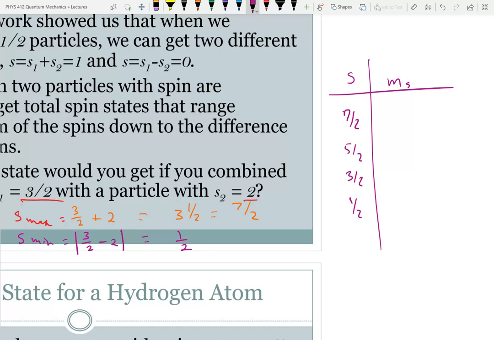And then what about our M sub S values? If it has a spin of 7/2, what are the M sub S values available to it? It's plus or minus S, so all the way from minus to plus.